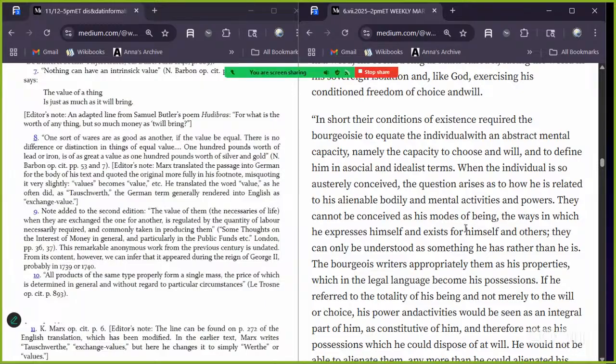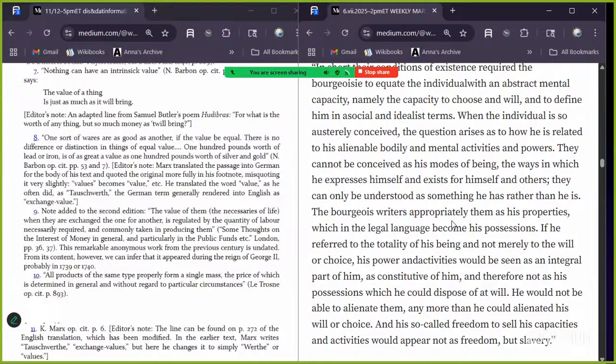If they refer to the totality of their being and not merely to the will of choice, their power and activities would be seen as an integral part of them, as constitutive of them, and therefore not as their possessions which they could dispose of at will. They would not be able to alienate them any more than they could alienate their will or choice. And their so-called freedom to sell their capacities and activities would appear not as freedom, but slavery.